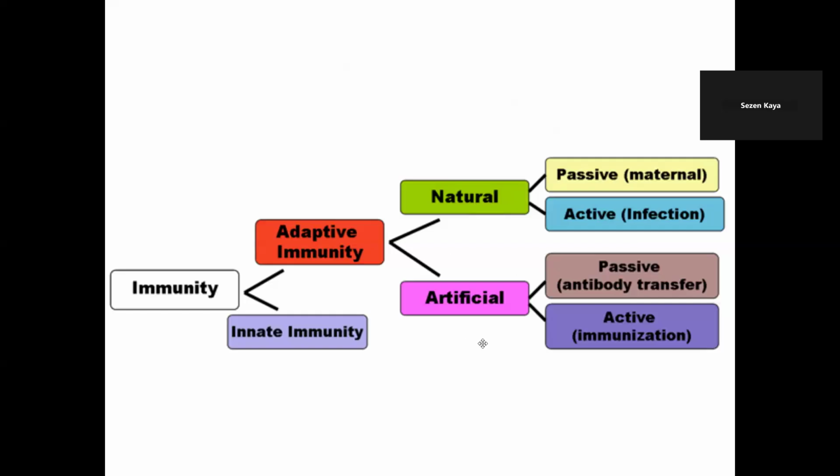Artificial: we are talking about vaccination or immunization. It will be active artificial immunity. If we are doing vaccination, we create a kind of education for our immune system. And the other way could be passive antibody transferring. This is a way of treatment.